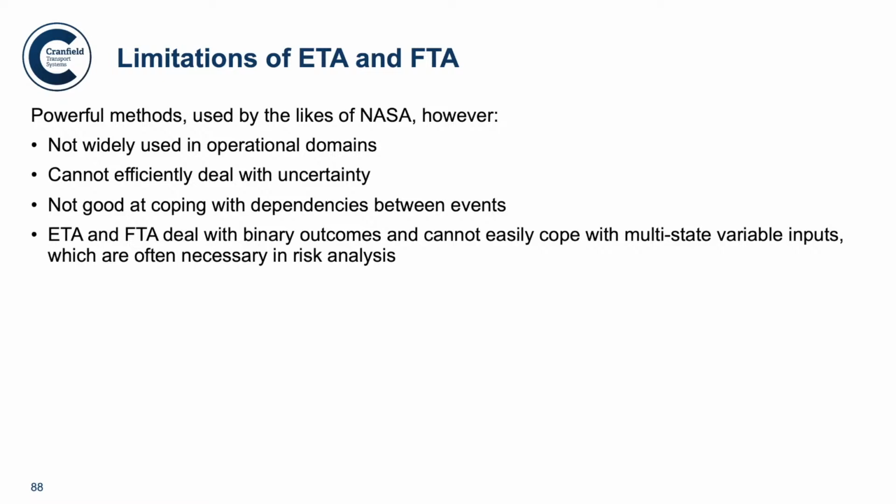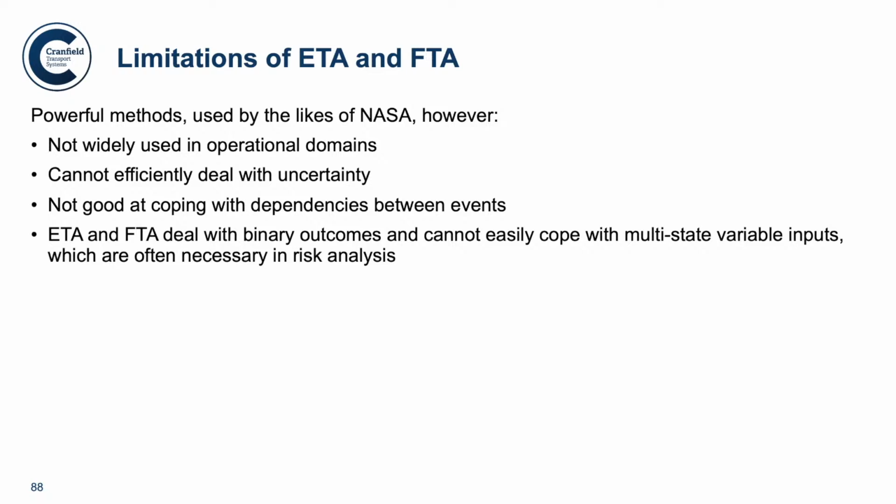And likewise, they're not that good at dealing with multi-state variable inputs. So they're good at sort of two inputs, as we saw in the little examples I gave a moment ago. But where things are more complex and there's much more variability in the system, then they tend not to be so good with that.